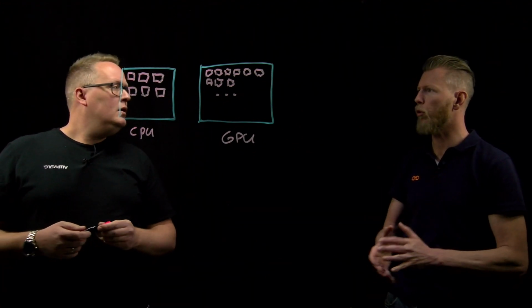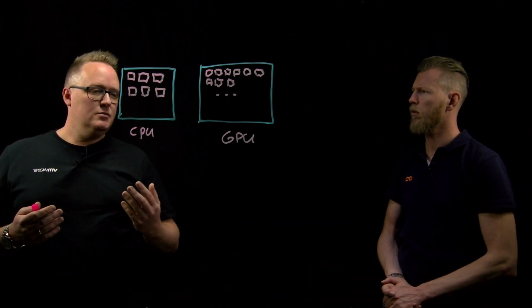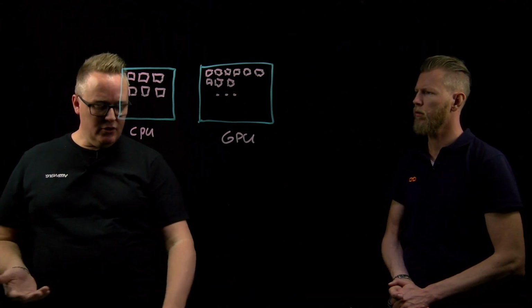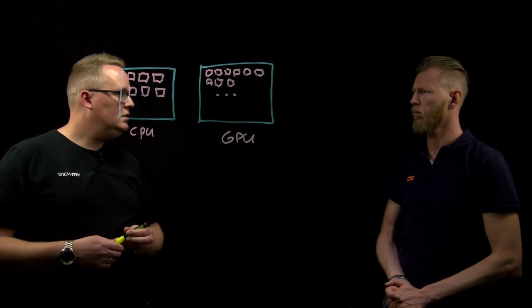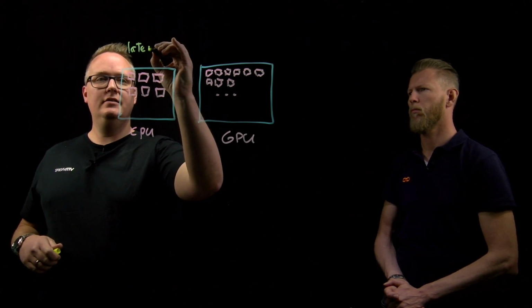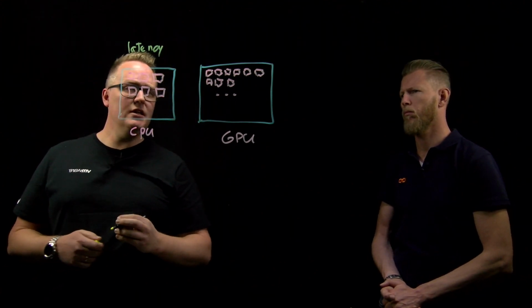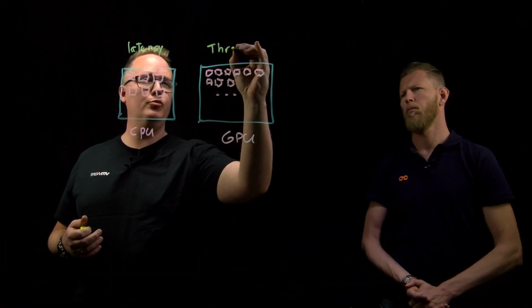So it's the number of cores. It's the number of cores, and well, it's not only that. The nature of a CPU is all about being optimized for latency-sensitive applications, where a GPU is more about throughput.